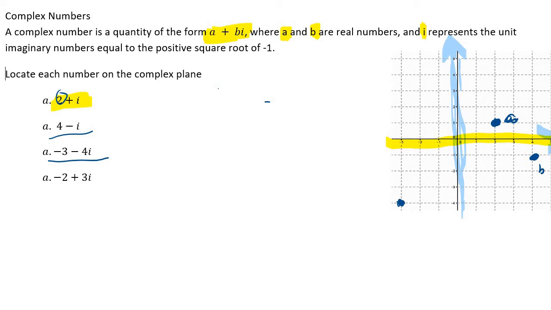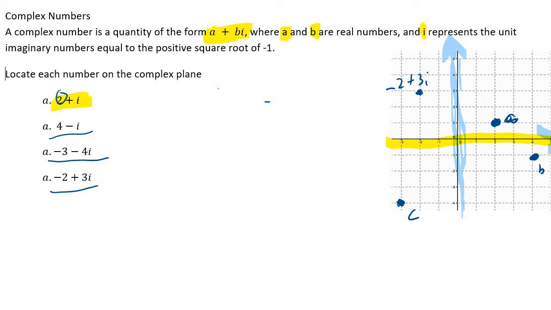That will be the other number, C. And then lastly, negative 2 plus 3i. So we'll go negative 2 units on the real axis, and then go 3 units up on the imaginary. That will be negative 2 plus 3i.